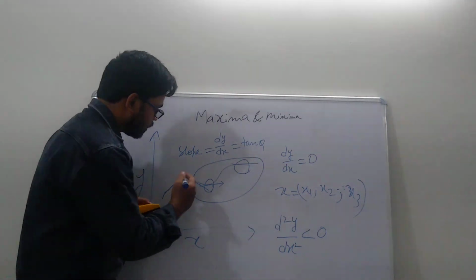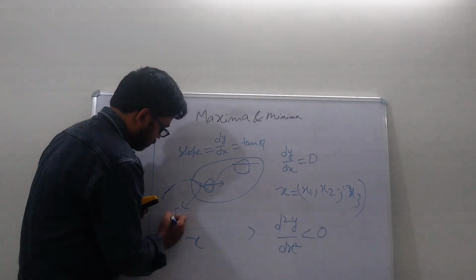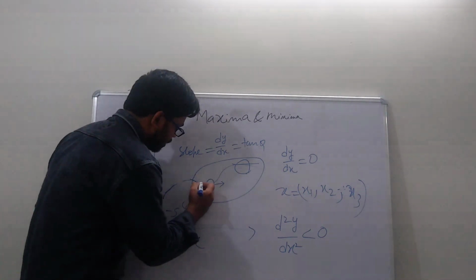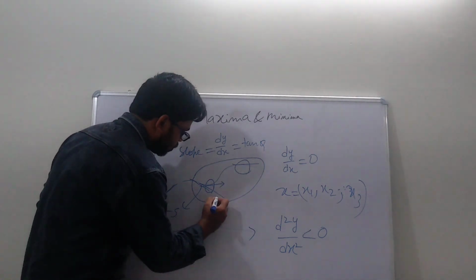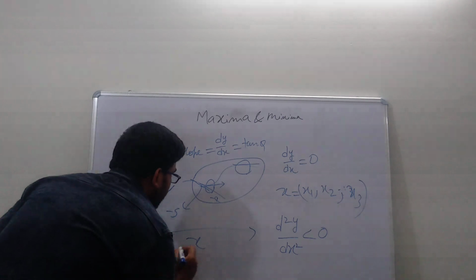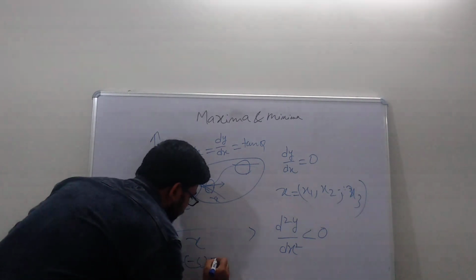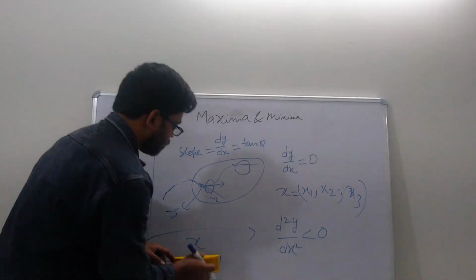So the double differentiation of this we will get as a positive value. Suppose the slope is minus 5, and here the slope is minus 4. If you take the double derivative, what does it come to? Minus 4 minus minus 5 comes out to be 1, right? It is positive.